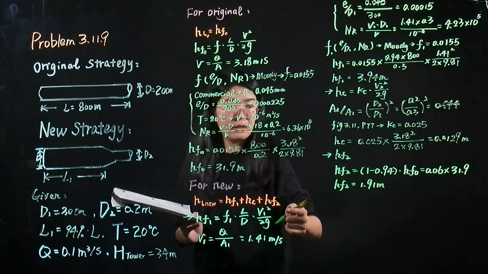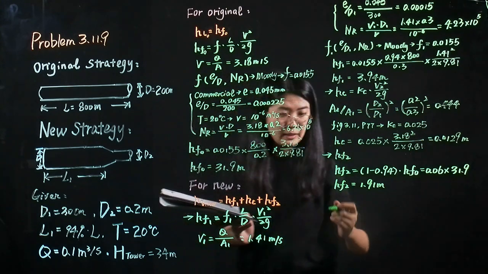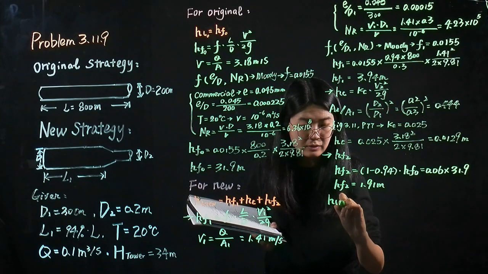So after we know the value of these three parameters, we can get the value of the head loss in the new strategy.